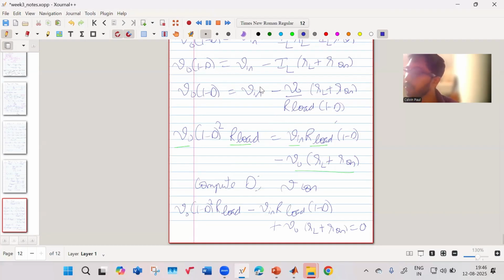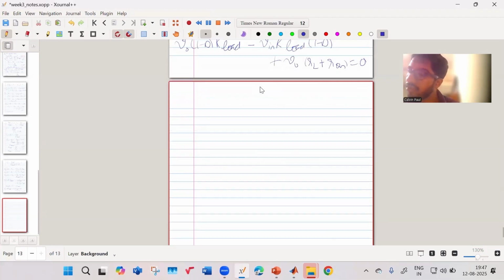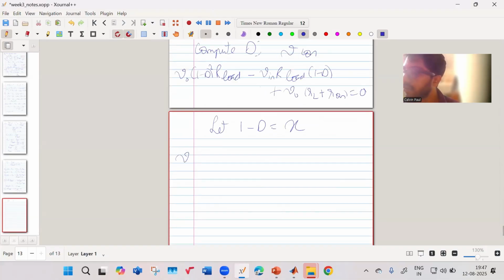So what I'm thinking is, you would have learned it probably when you were doing your 9th, 10th, etc. When there's a bit of a complicated expression, we use the method of substitution. So let me substitute. Let 1 minus D is equal to X. So I have V output into R load into X squared minus V in into R load into X plus V output into RL plus R on.